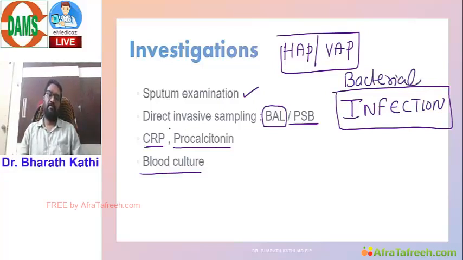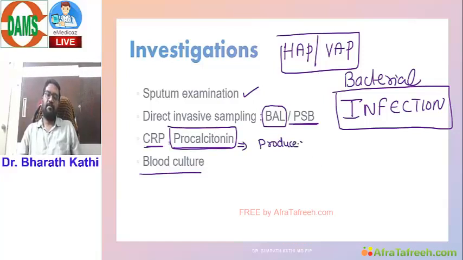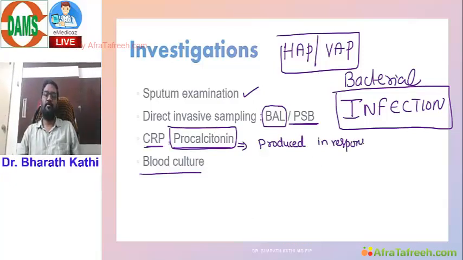Procalcitonin is a substance produced by the cells in your lung in response to bacterial toxins. I'll write it for you. So when you feel it is a bacterial infection, you can do procalcitonin.